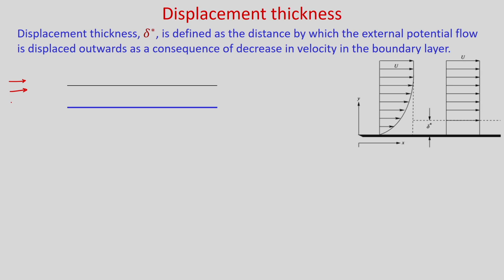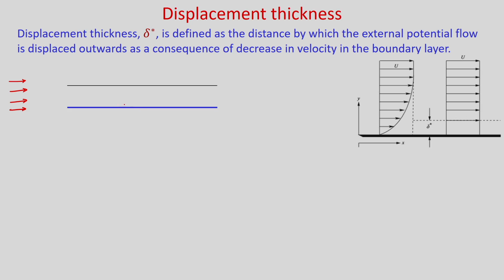So, let us say that we have uniform velocity and we do not have any plate. So, you do not consider this blue color plate. Let us say that this is the streamline and this will be horizontal. Okay.